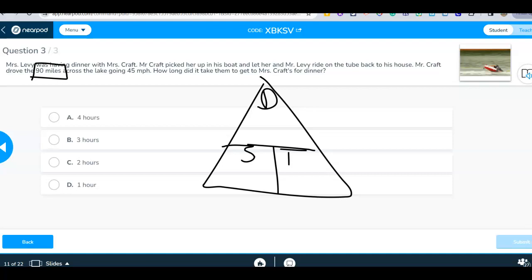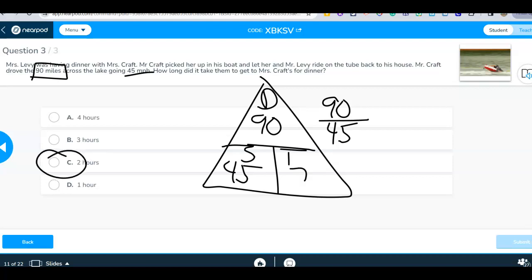Distance, speed, or time? 45 miles an hour. I look inside the triangle. I see 90 divided by 45. What did you get when you put that into the calculator? I agree with that. So far, so good.